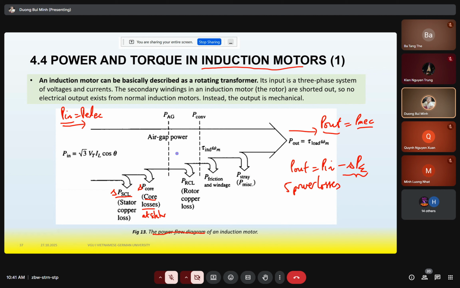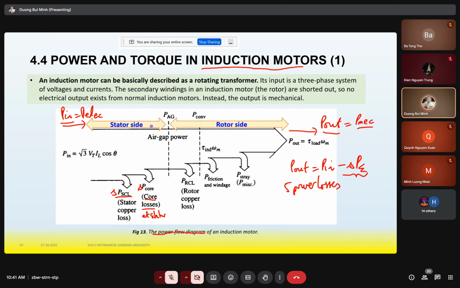Here is the stator side. For the stator side, we have two kinds of power losses, delta P SCL and delta P core: the stator copper loss and core loss. The other side is the rotor side.